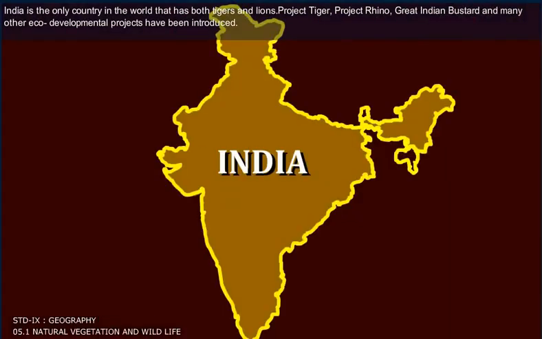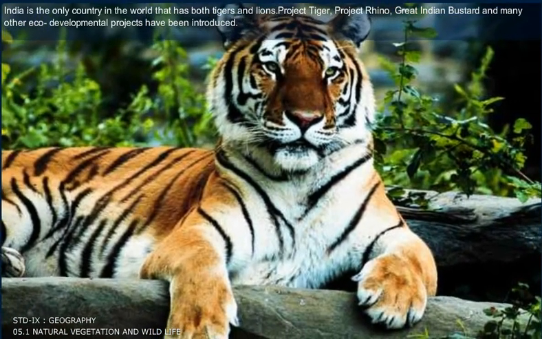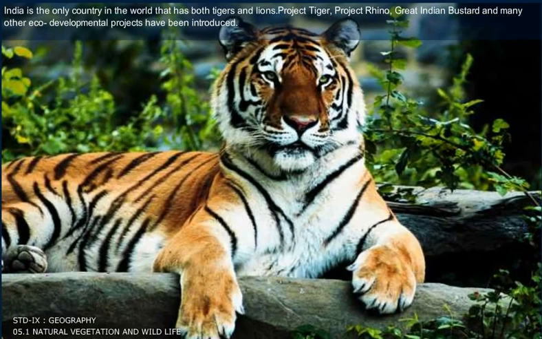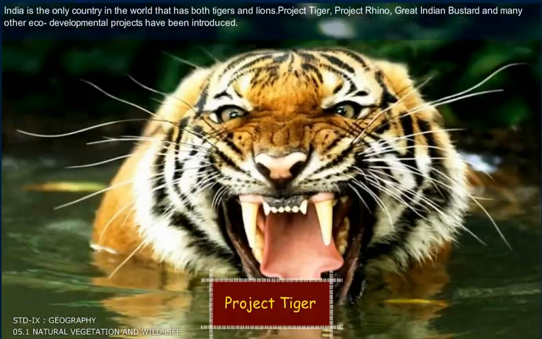India is the only country in the world that has both tigers and lions. Project Tiger, Project Rhino, Great Indian Bustard, and many other eco-developmental projects have been introduced.